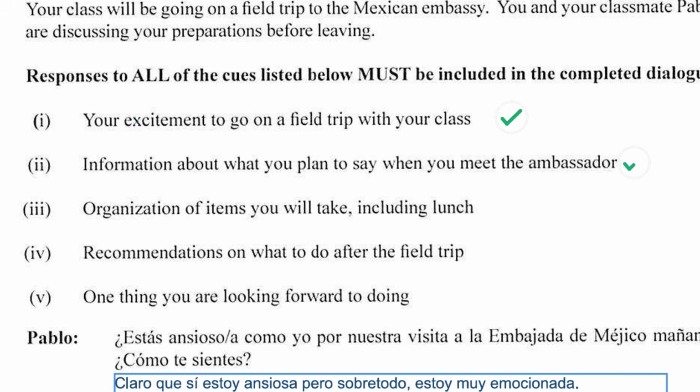We spoke about taking a notebook, pens, a pencil, and we spoke about lunch. So check and check. We also recommended what to do after the field trip. We spoke about maybe going to a mall. We spoke about playing games at the arcade and looking at different stores. So check. And we mentioned one thing we're looking forward to doing, which is playing games with Pablo at the arcade. So check. We have completed our dialogue.